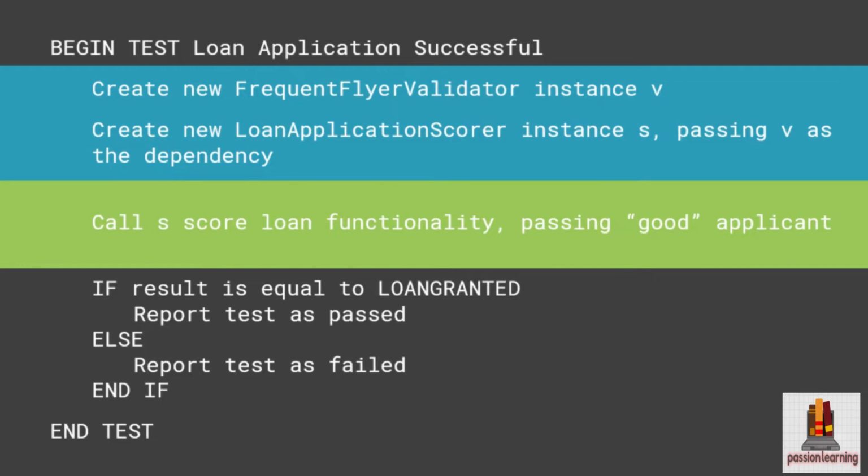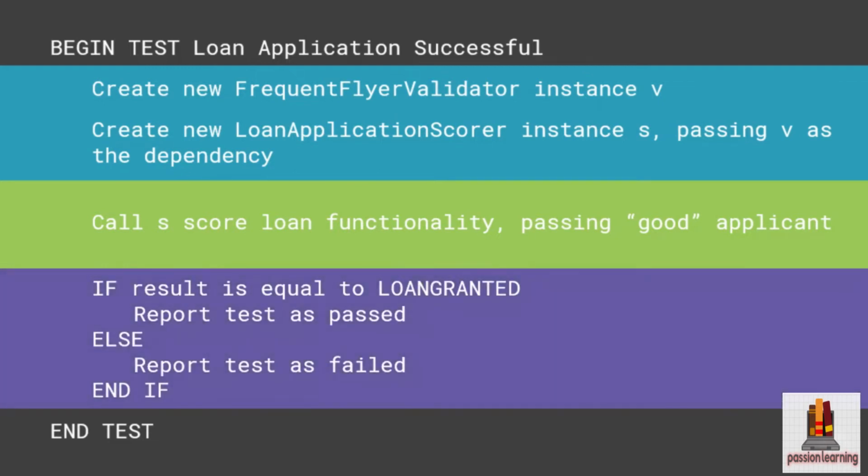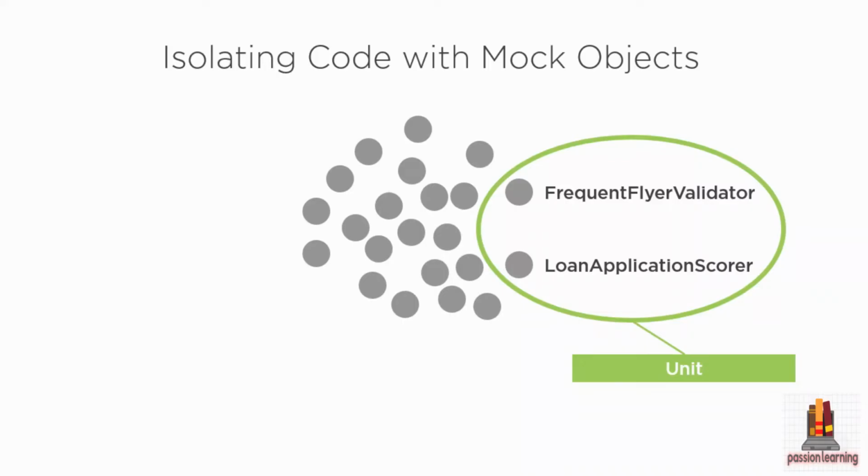So we're calling the score loan functionality here and getting a result back. In the third phase here, the assert phase, we're taking the result from the act phase and comparing it to an expected value, in this case loan granted, and reporting the test as passed or failed.